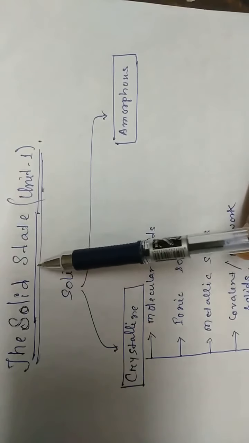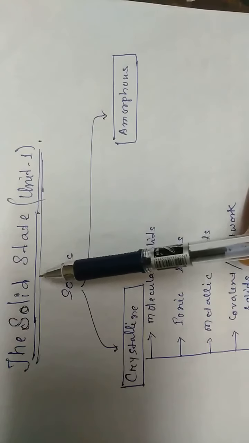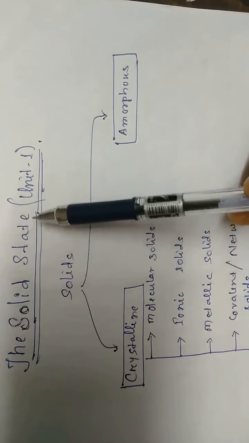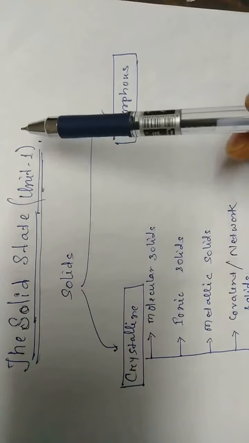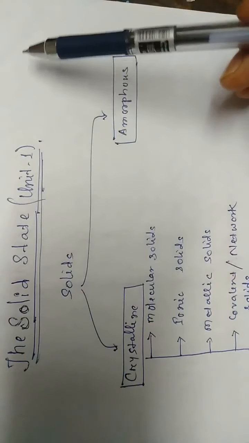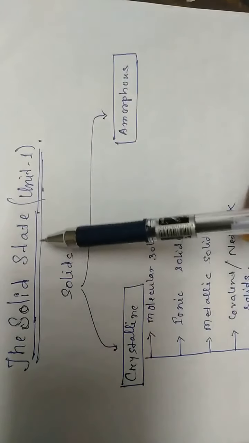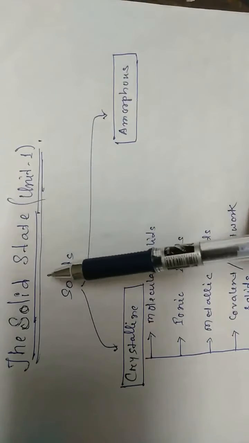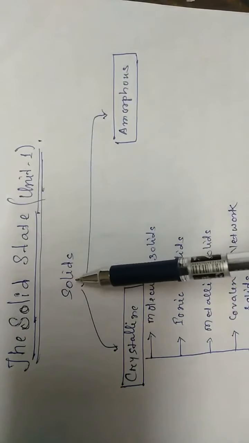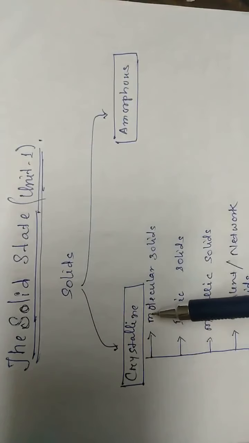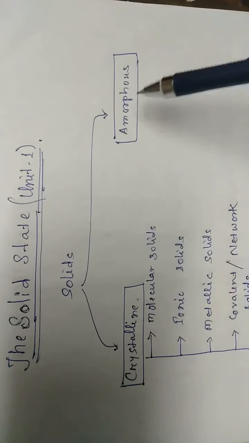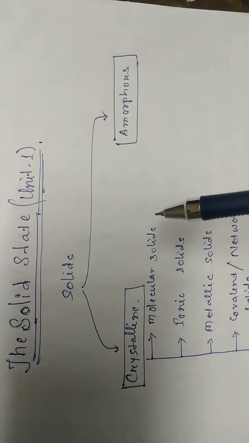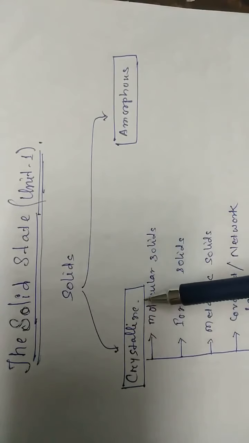So in a particular solid, constituent particles are arranged in which order? How are constituent particles arranged in a solid? On the basis of it, solids are broadly classified into two types: crystalline solid and amorphous solid. So solids are broadly classified into how many types?